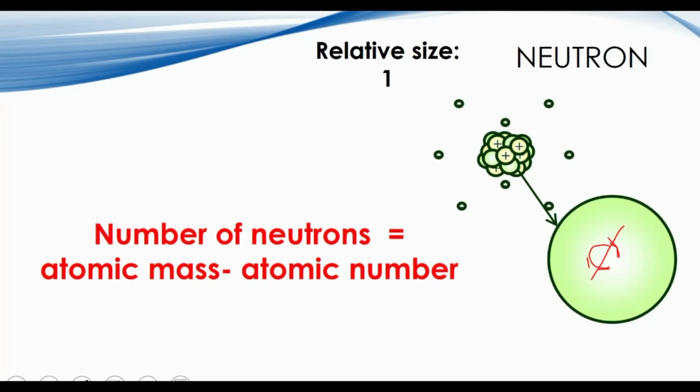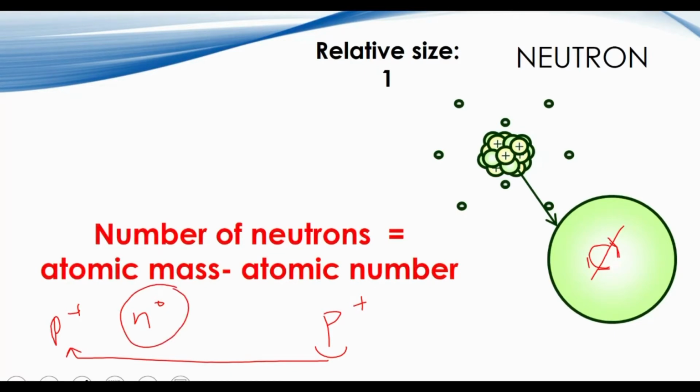How do we determine the number of neutrons? Well, if you remember, the atomic mass is made up of two things, the protons and the neutrons. And we know that the atomic number is how many protons are present. So if we were to take the number of protons away from the atomic mass, so we're trying to take this number from here, what would we be left with?